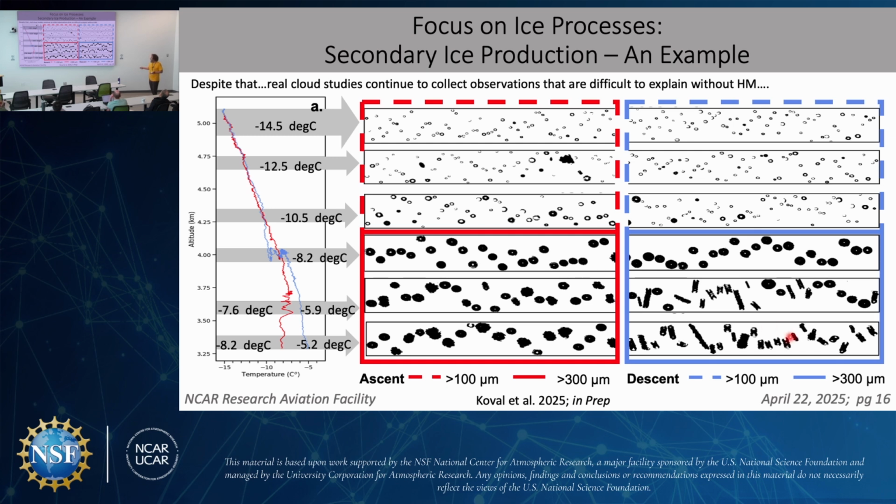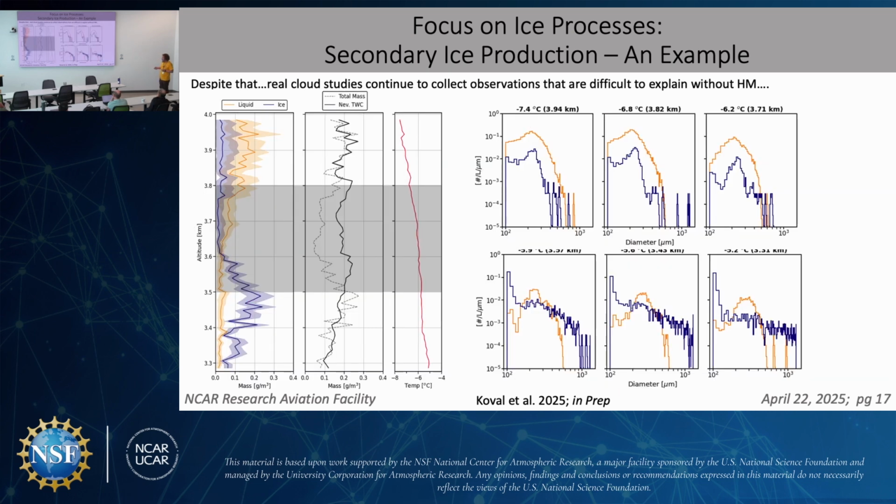But by the time we get down to a temperature of -5 degrees Celsius, our cloud has completely glaciated. Okay, so we get a rapid transition between -7 degrees and -5 degrees of large drizzle and cloud water to a completely glaciated cloud, all of columnar type crystals.